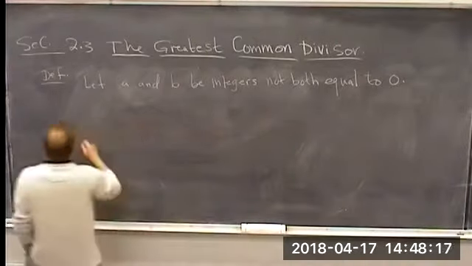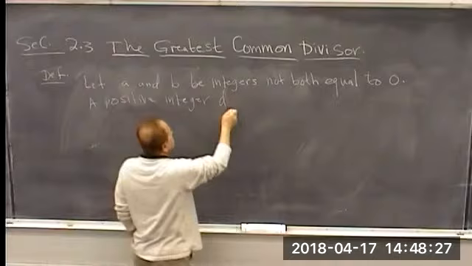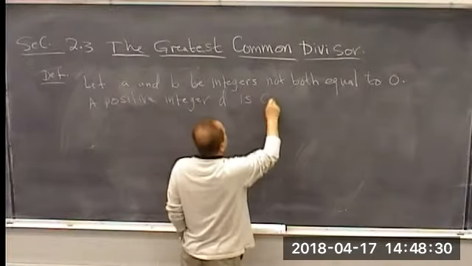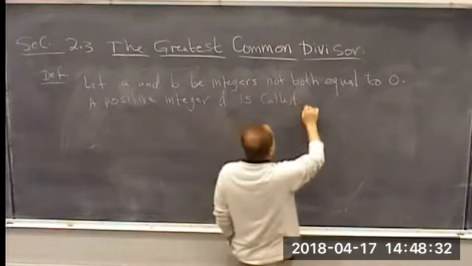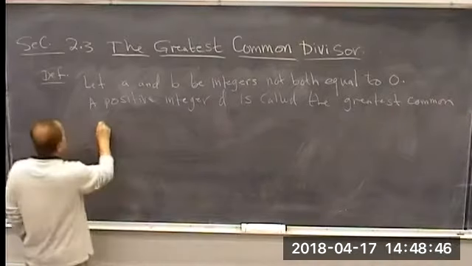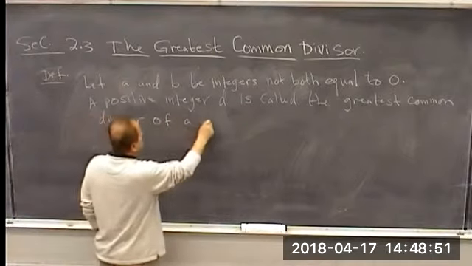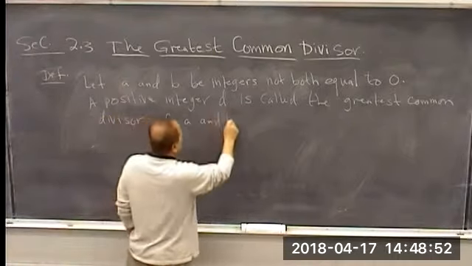A positive integer D is called the greatest common divisor of A and B. Okay, so this is the concept that we are defining.